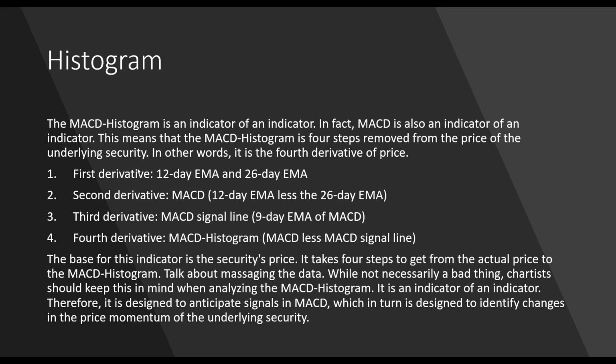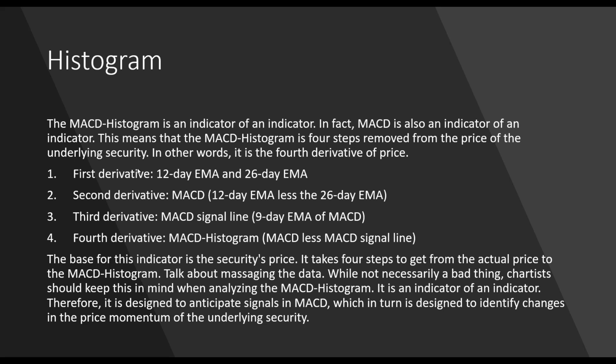From there, we go to the second derivative, which forms the MACD line, which is the 12-period EMA minus the 26-period EMA. The third derivative is the MACD signal line, which is a 9-period EMA of the MACD line itself. And then we go to the fourth derivative, which is the MACD histogram, which is the MACD minus the signal line, which gives us that bar on the histogram.